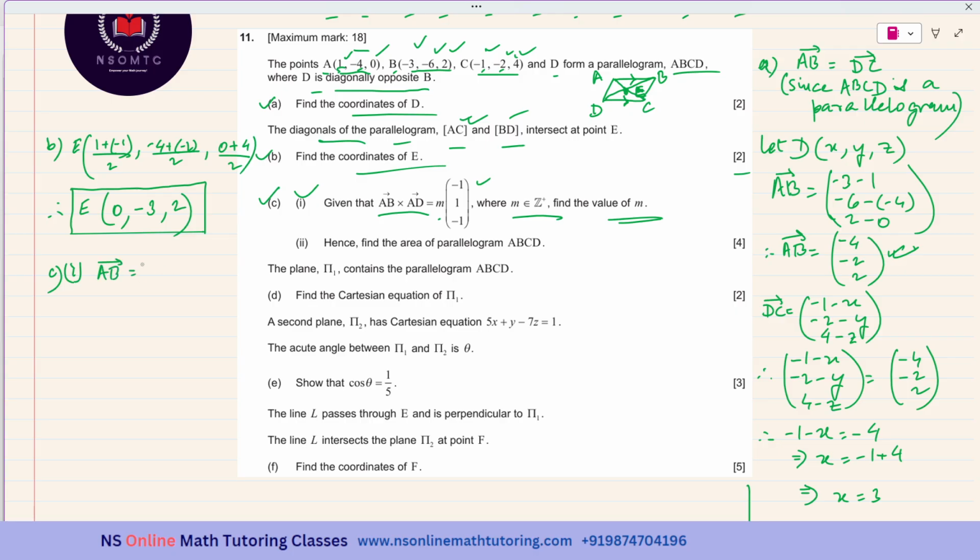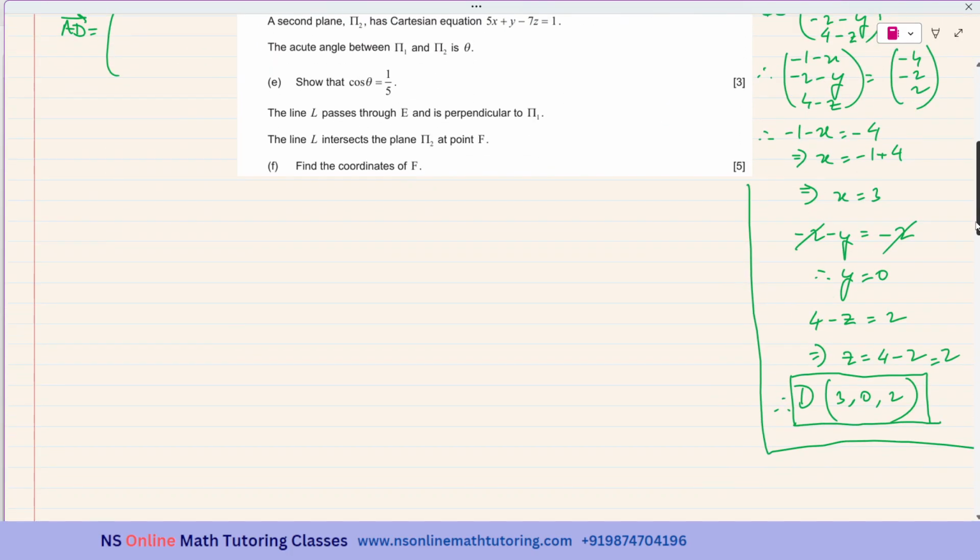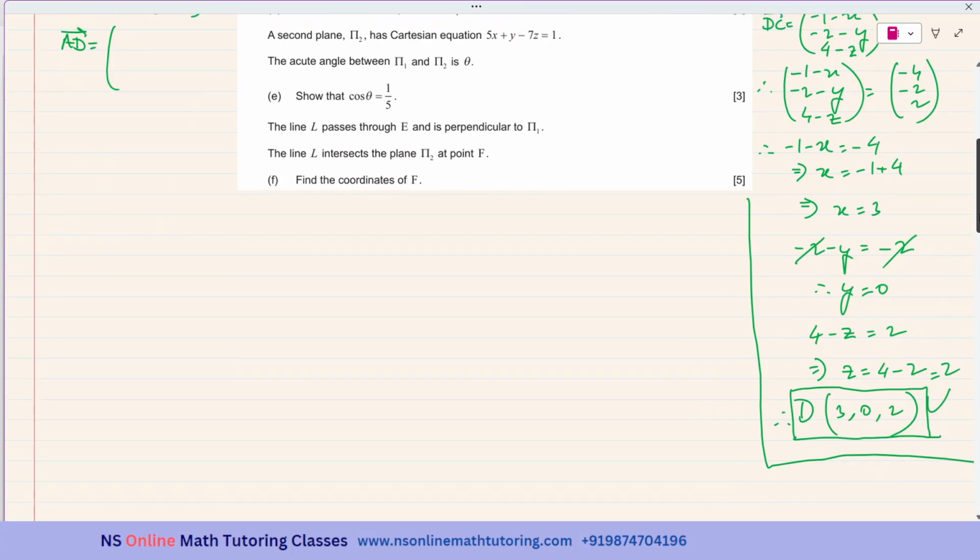AB vector is equal to -4, -2 and 2. I'm just reading this. Now coming to the AD vector. D is 3, 0, 2.